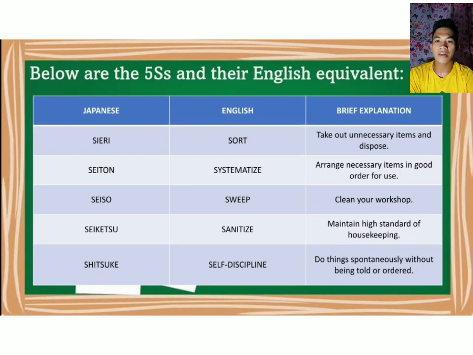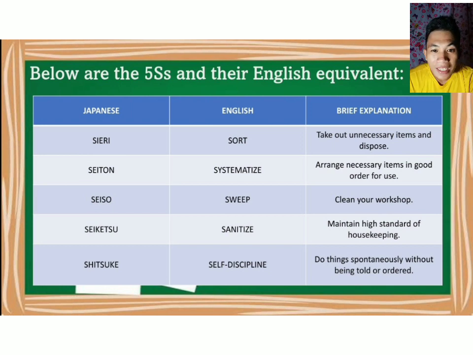So these are the tables. These tables for 5S. We have here the Japanese, English, and a brief explanation. So in Japanese, we have seiri, seiton, seiso, seiketsu, and shitsuke.